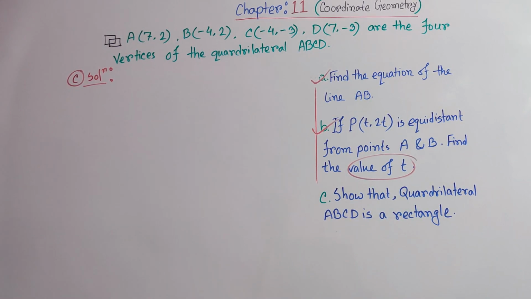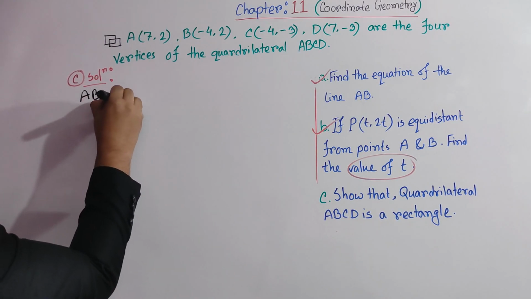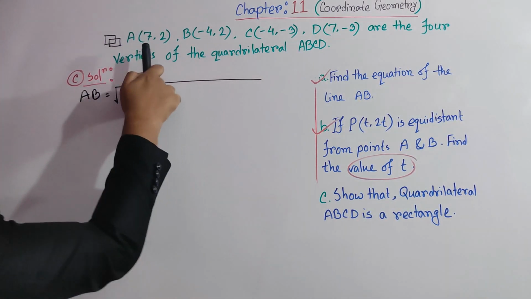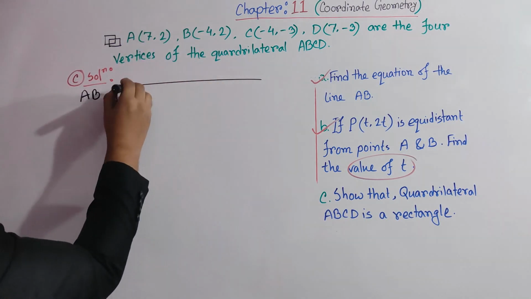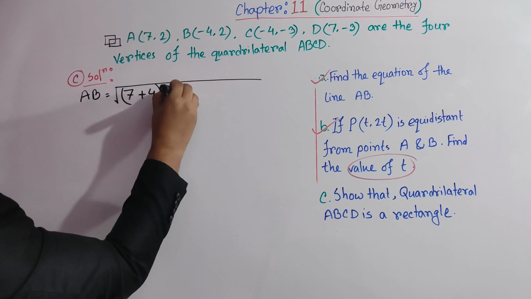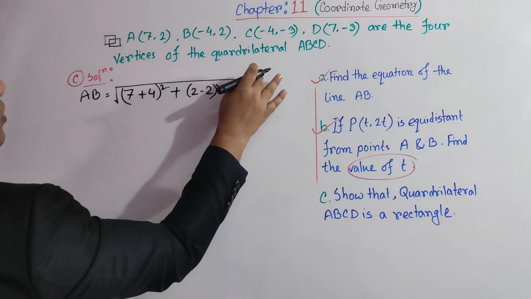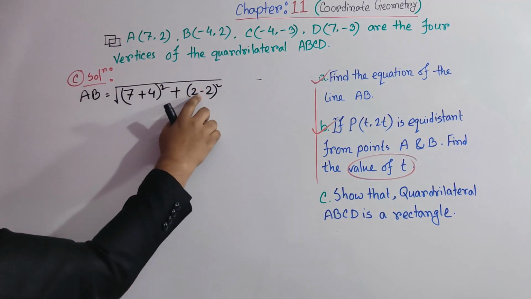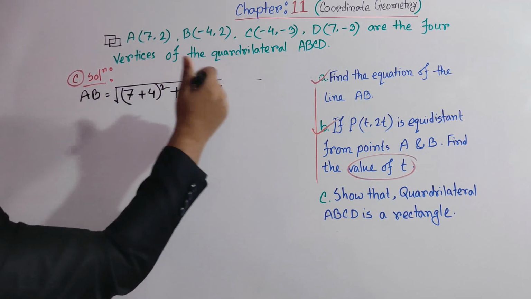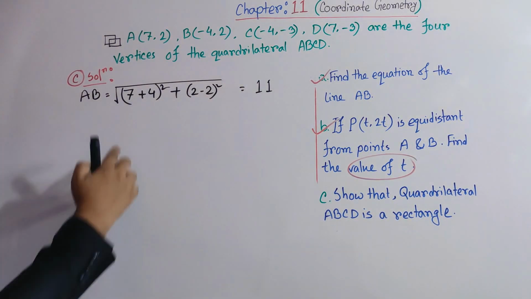So first we are focusing on AB. So 7 plus 4 whole square plus 2 minus 2 whole square. So we can say it's 0 and this is 11, so 11 square.